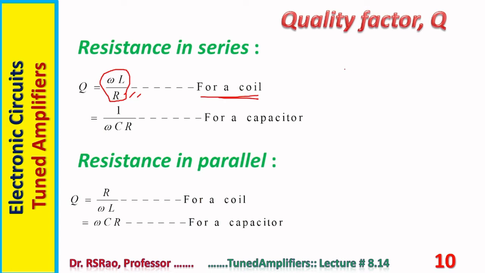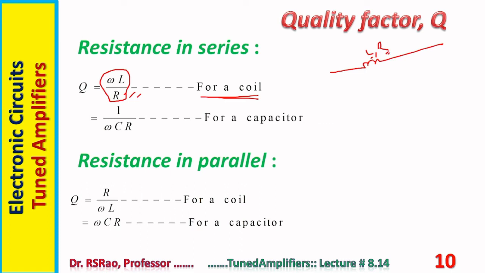Omega is frequency, L is inductance. Let us suppose here is a coil. Inductance is L. As already mentioned, this inductor is associated with certain resistance. Inductors are not wound with perfect conductors. A practical inductor is wound with a practical conductor, and practical conductors are always associated with certain resistance.